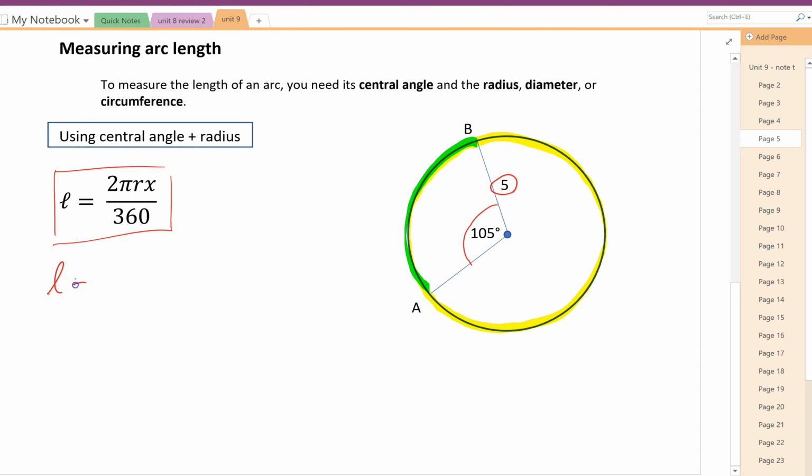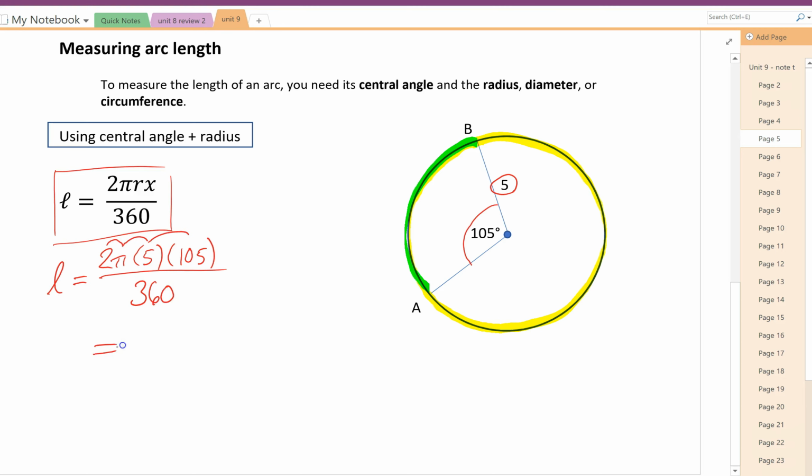The length of the arc that I'm looking at is just going to be 2 times pi times the radius, which in this case is 5, times x, which is the central angle. So I just substituted in a 5 for the radius and a 105 for the central angle. I divide all of that by 360. On the top, I'm just multiplying 2 times pi times 5 times 105.